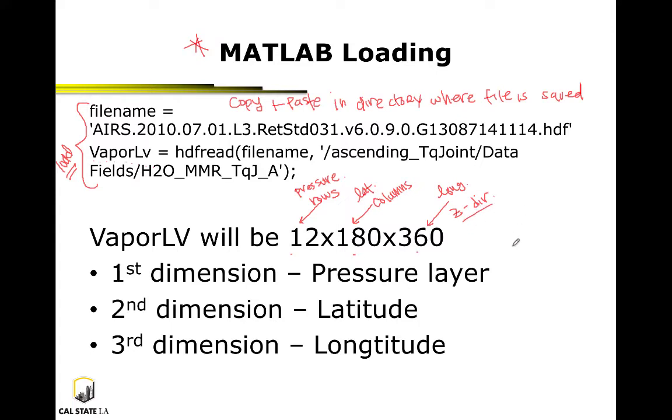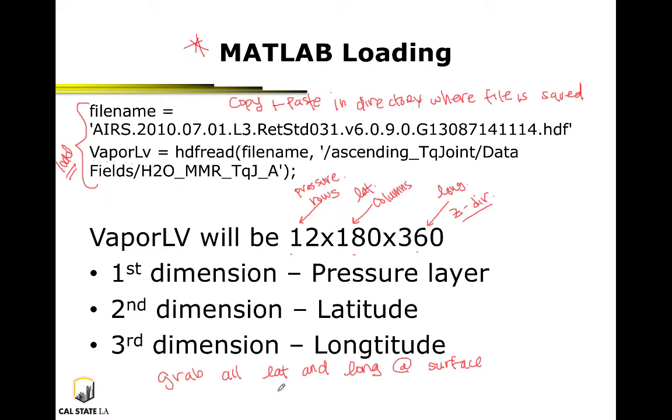Okay, so let's say you wanted to grab all latitude and longitude at the surface. Well, according to the previous slide, the surface is going to be the first layer number here.